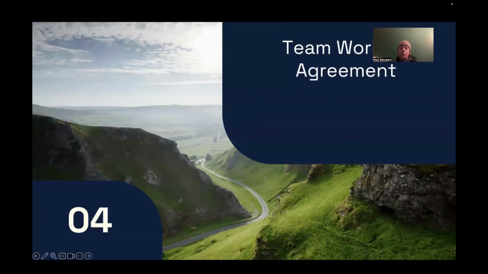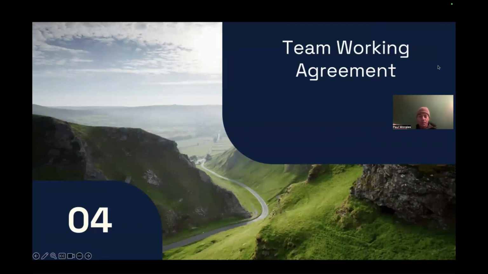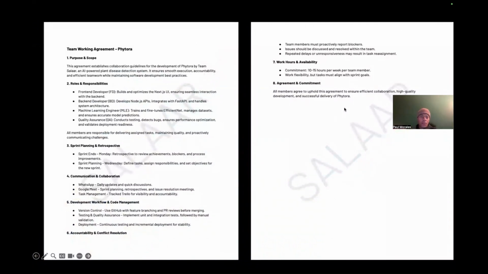And going into the team working agreement, here we listed 8 topics that we feel are very important, starting from the purpose and the scope, so you have a good grasp and understanding of what this project is meant to accomplish.